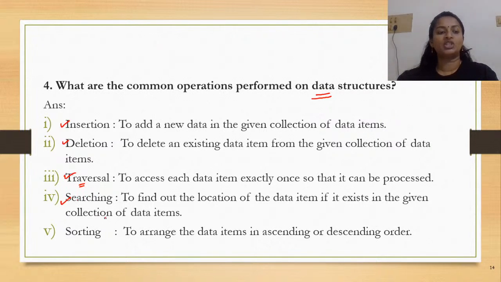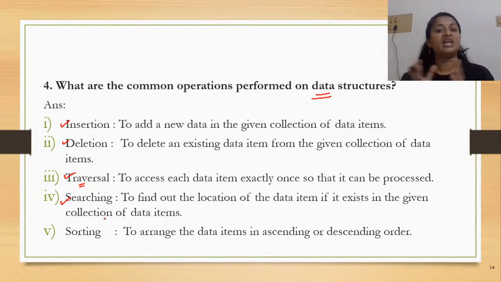Now, which is the next operation? Searching, right? Searching means to find out the location of a data item. There are different searching techniques. To search a value, you would first read the value from the user. Then you need to check whether this value is present inside the data structure or not. How do you do it? You visit each position and compare the value that you read from the user with the value in the data structure.